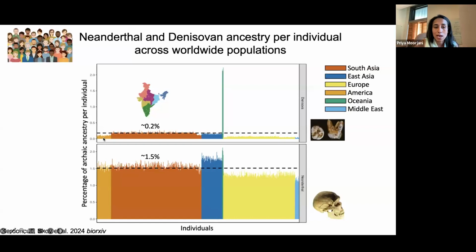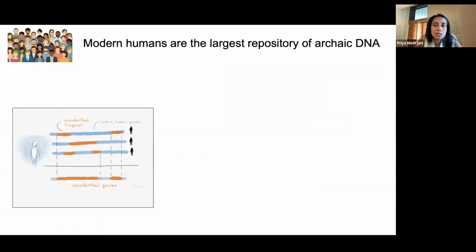And then when you look at other people living around the world, you find that like South Asians, East Asians also have about 0.2% Denisovan ancestry, but people living in Europe have very little Denisovan ancestry. Now, as I mentioned earlier, if you look at different individuals, they have Neanderthal and Denisovan ancestry in different places in their genome.